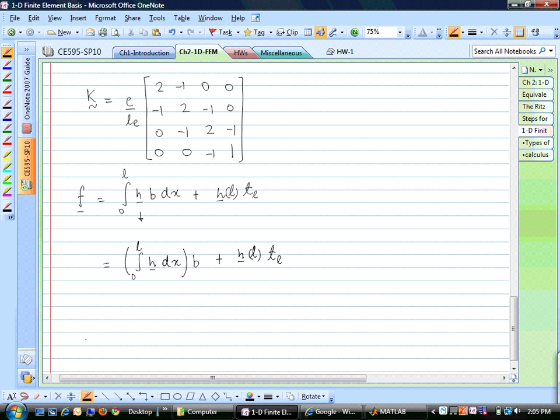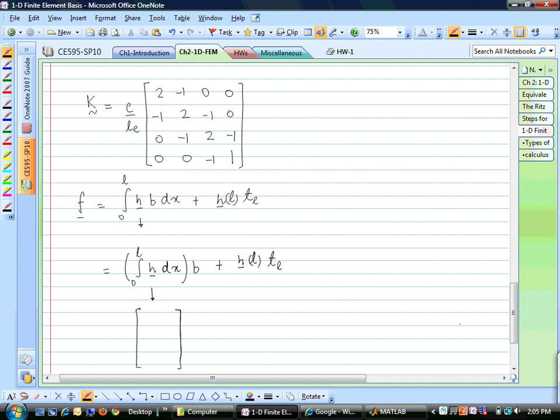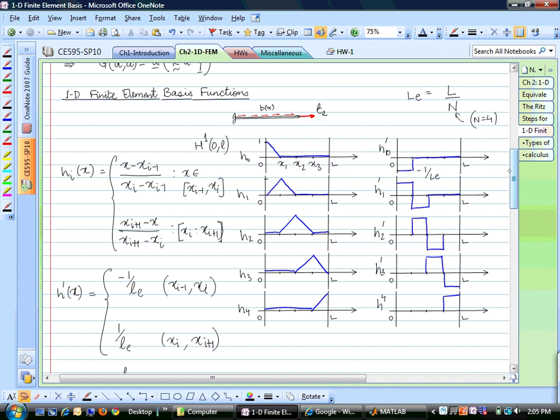So what does this look like? This is nothing but the integral of each of those functions over the entire domain. So what is the integral of each of those functions? Let me go back to this place. What is the integral of H1? Integral of H1 from 0 to L is the area under the triangle, which would be half times base, which is twice LE, times height, which is 1.